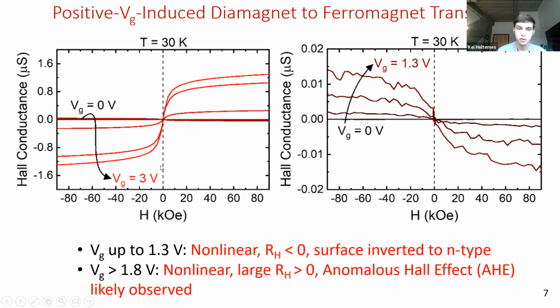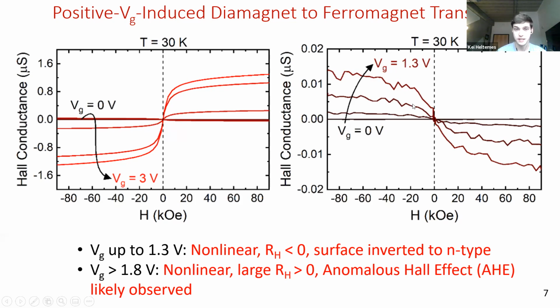So now let's look at this graph on the left. If we get to higher applied gate voltages, upwards of 3 volts here, we see some very large sigmoidal shapes with finite saturation and positive Hall coefficients appear. Now, this is very indicative of an anomalous Hall signal being the dominant signal here because of how much greater it is than the signals that we're seeing at low voltages.